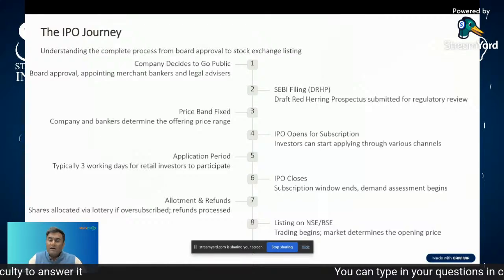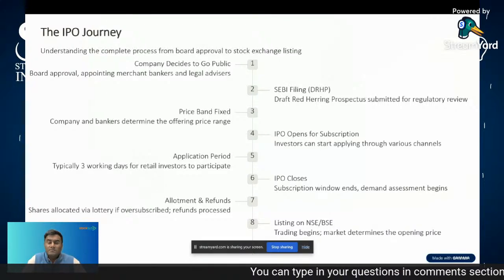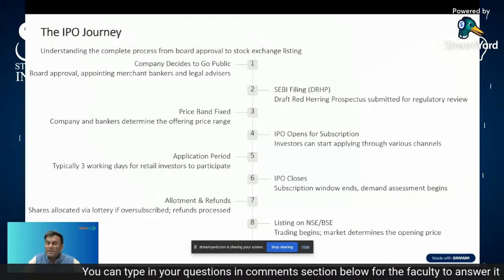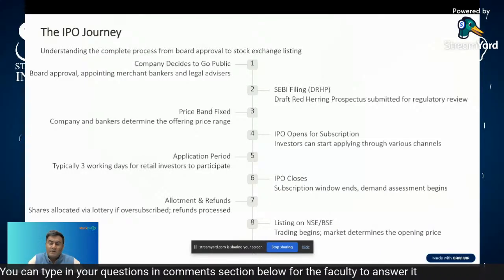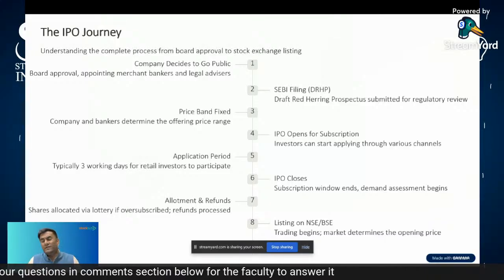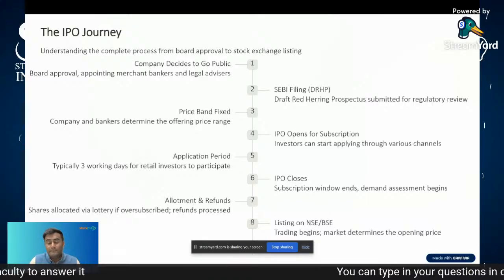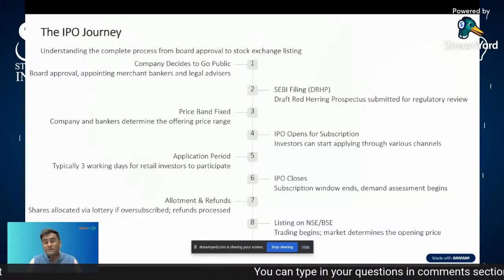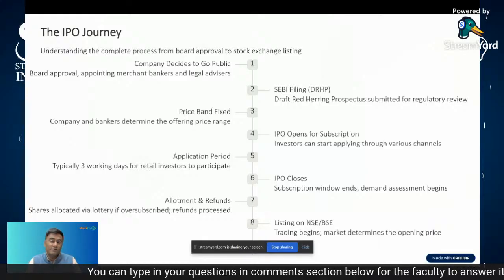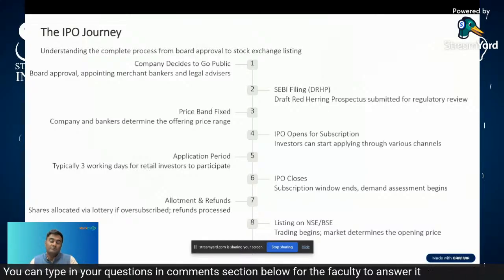So once the IPO opens for subscription, investors can start applying through various channels. I mean, earlier we had to fill out big lengthy forms and we had to submit a check as well. But since January 2008, we have shifted to the ASBA mode.